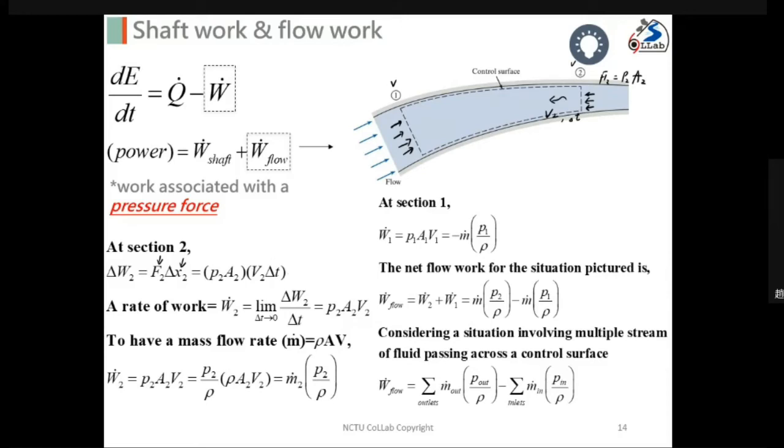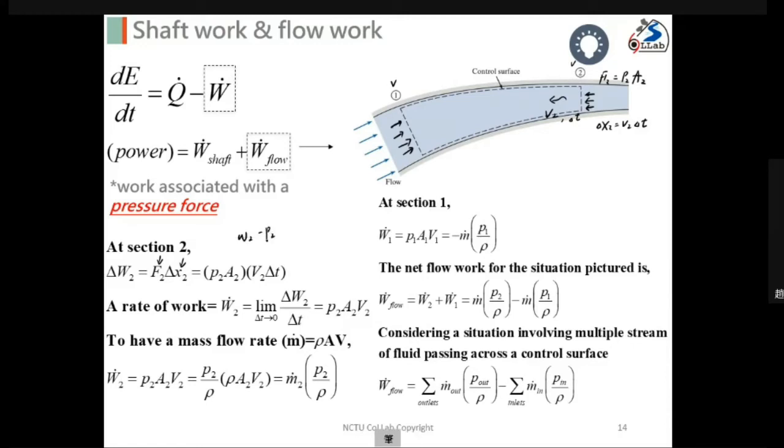Because we know the flow with the V2 velocity and with the delta t time passes, the distance delta x2 here is the V2 velocity multiplied by the delta t time.